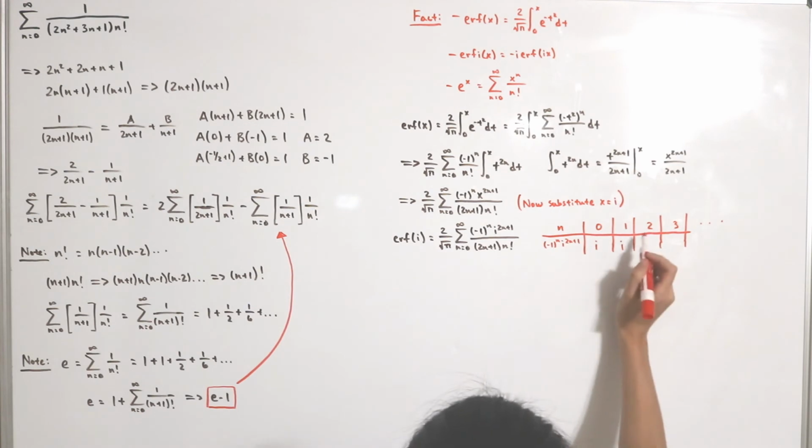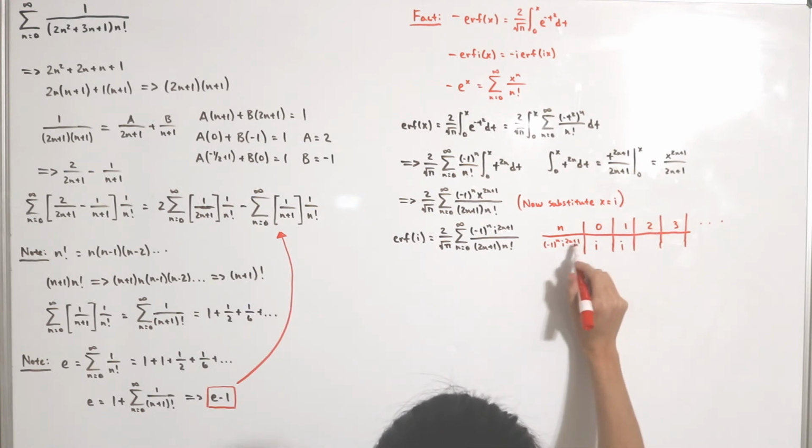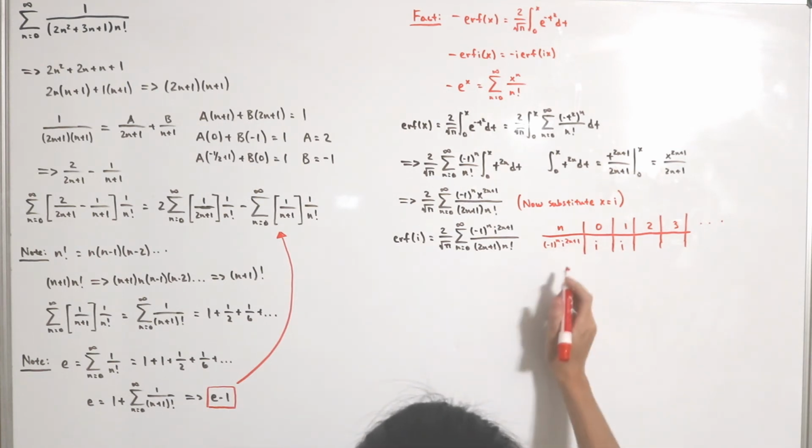And next, plugging in 2, we get i to the 5th, which is actually just equal to i.